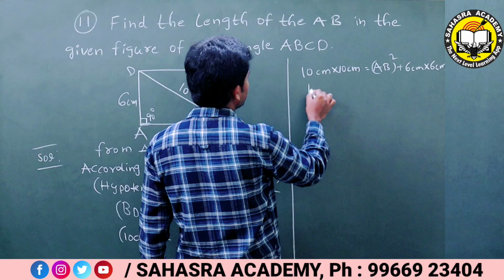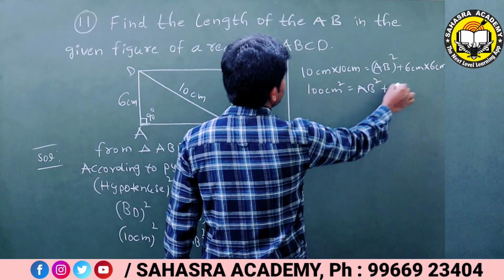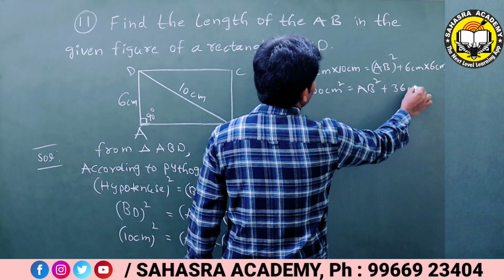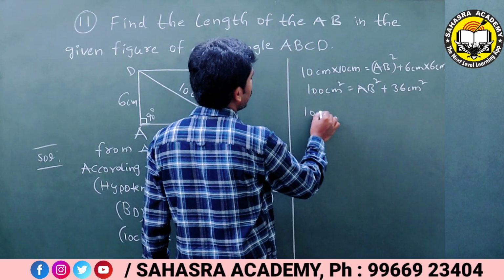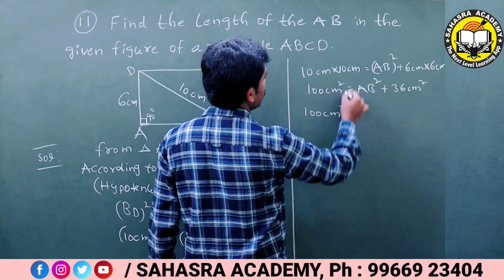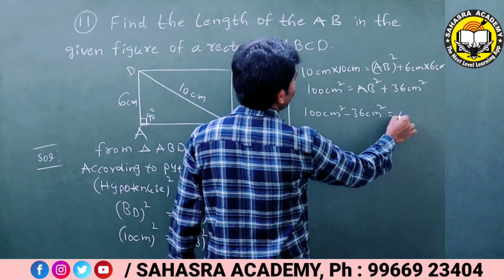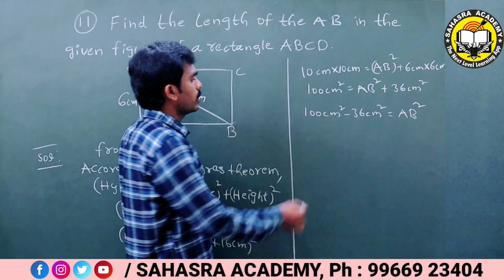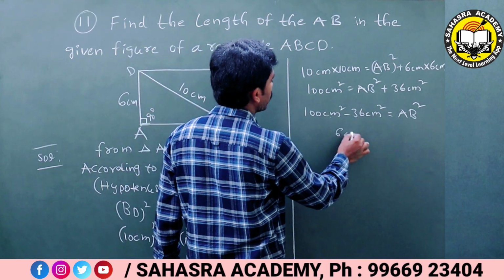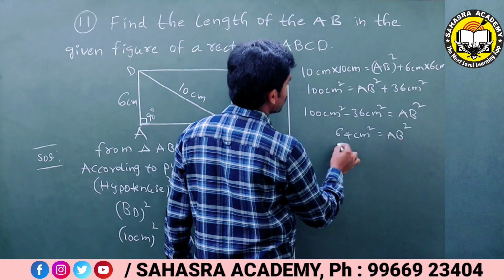So 10 centimeter into 10 centimeter, 100 centimeter square equal to AB square. 6 centimeter into 6 centimeter, 36 centimeter square. Okay, so 100 centimeter square transpose plus 36 centimeter square can be written as minus 36 centimeter square equal to AB square. So 100 centimeter square minus 36 centimeter square, 64 centimeter square we will get, equal to AB square.